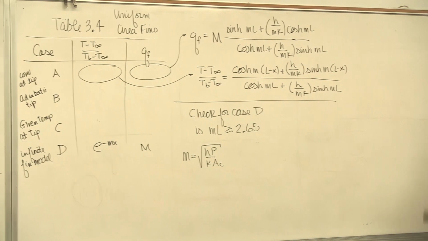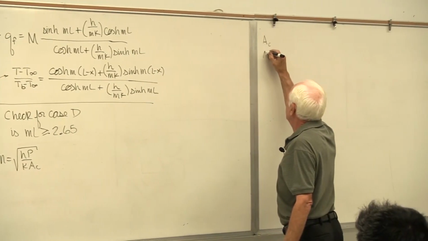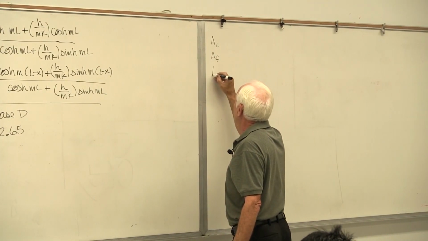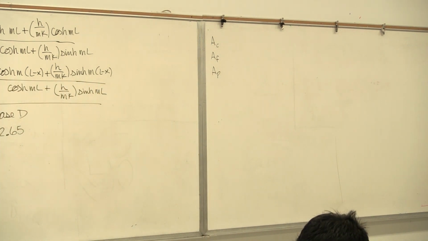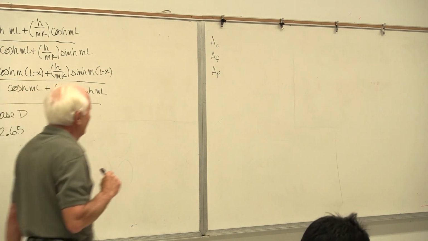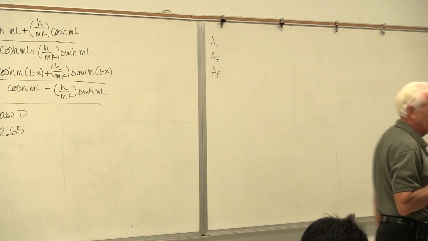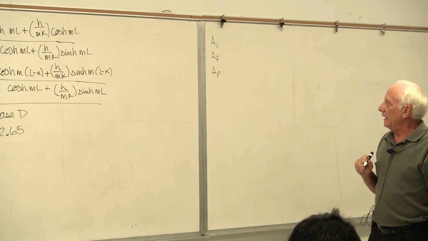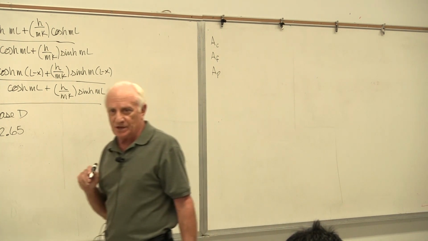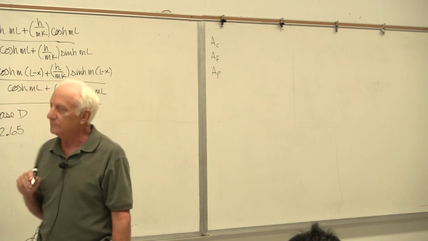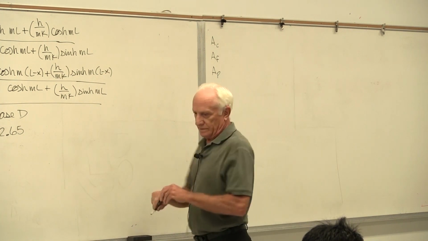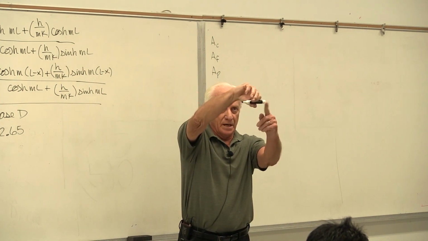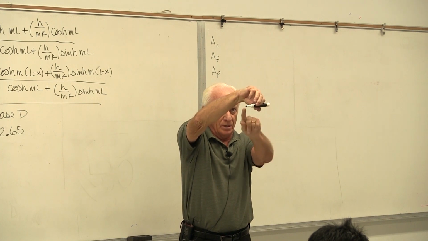As we said in chapter 3, you've got A sub C, A sub F, and A sub P. You'd better know what those mean, because they're critically important in fin analysis. A sub C, not convection, is the cross-sectional area, pi r squared, a circle. A sub F is the area of the fin touching the fluid, pi dL. A sub P, the profile area. Look at the side view. I see L times diameter.